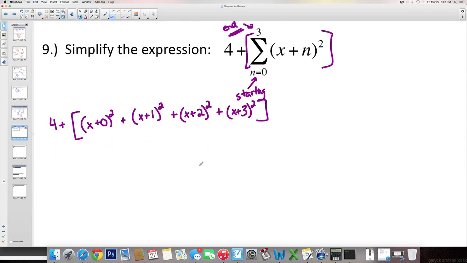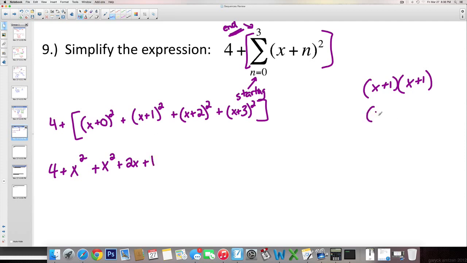So we can go ahead and double distribute these. X plus 0 squared, that's a nice easy one. That's just x squared. X plus 1, remember, that's x plus 1 times x plus 1, which is x squared plus 2x plus 1.